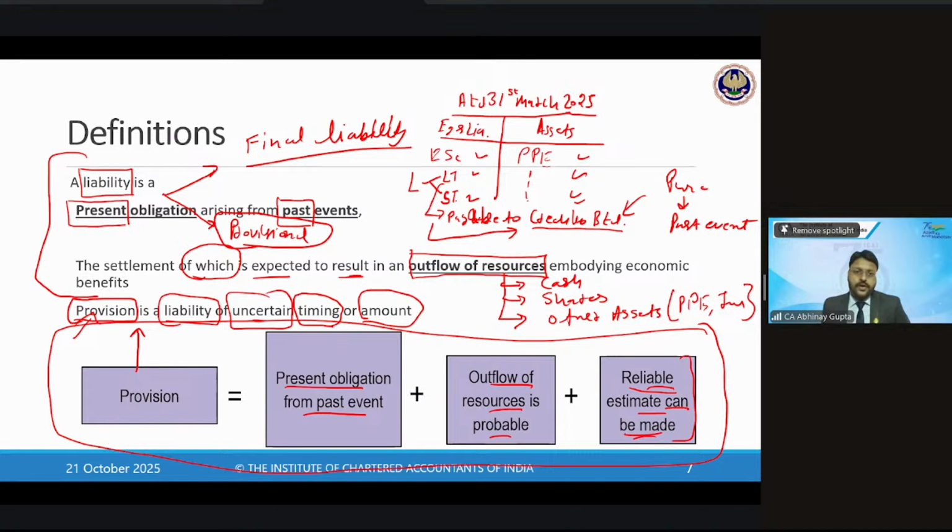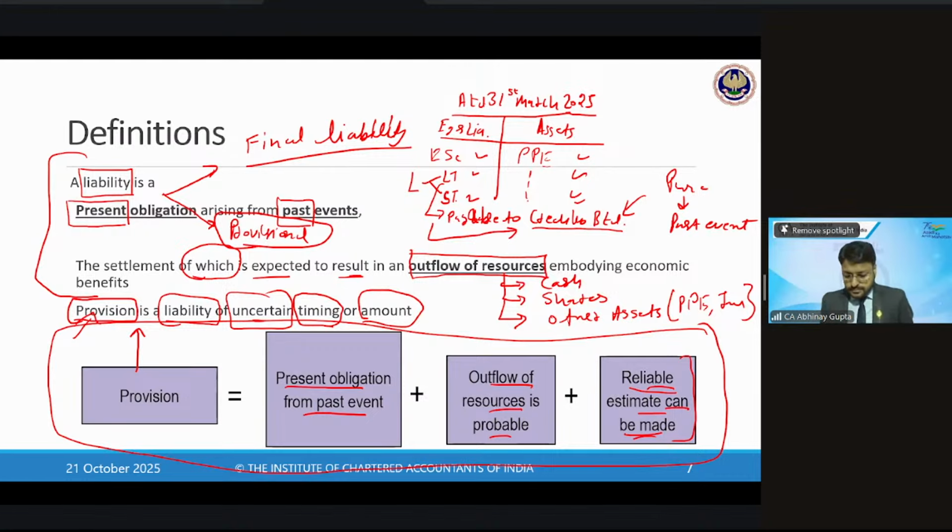So a pharma company sold certain drugs, and the customer who bought that drug got some serious side effects, and the customer has filed a case against the company in the court. So these are the facts. Now, the customer is claiming 1 crore damages.